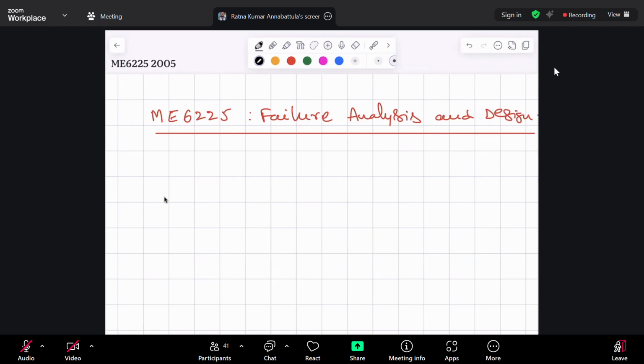The reason for that is most of the engineering components that we deal with as mechanical engineers are primarily metals. However, in recent decades, a large fraction of plastics have come into our portfolio. So we are also required to deal with polymers as mechanical engineers, whether we like it or not.